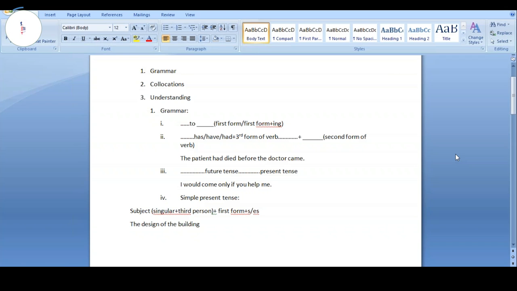More important thing, then comes another rule. Sometimes when we speak English, we use two forms of verbs in one sentence. Just like if I say, I got confused. With got, the next word is again one verb.